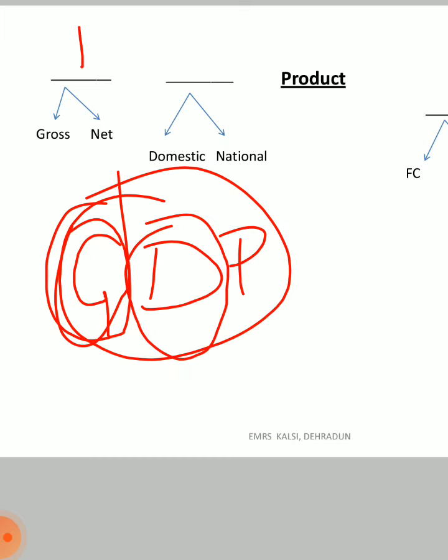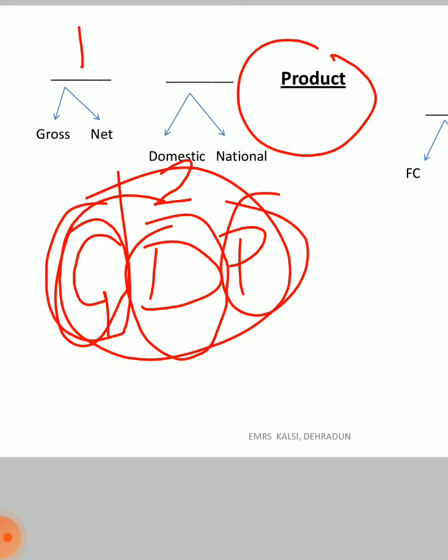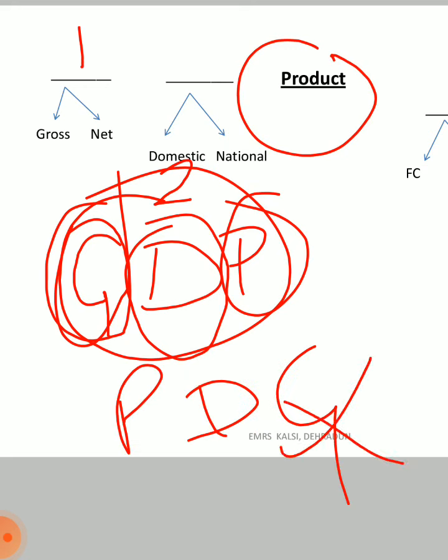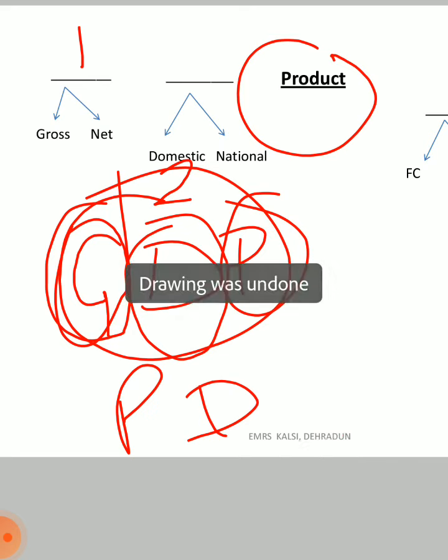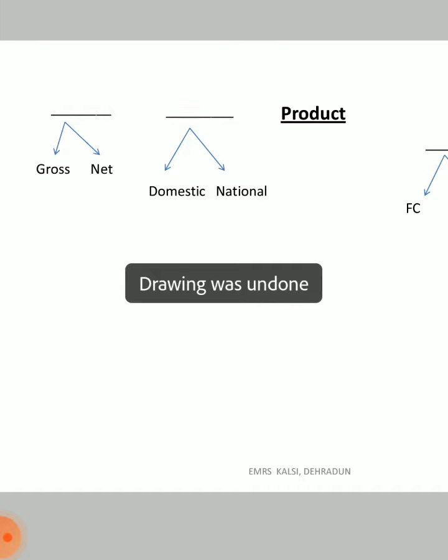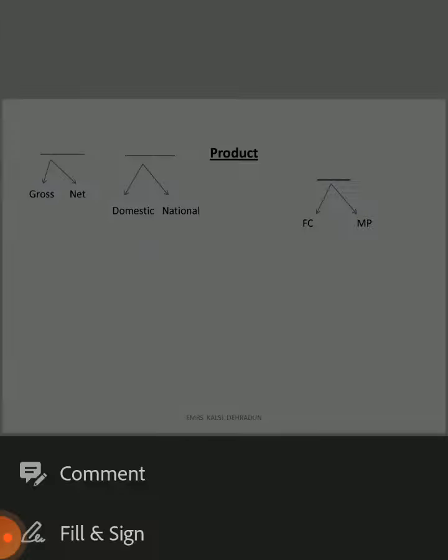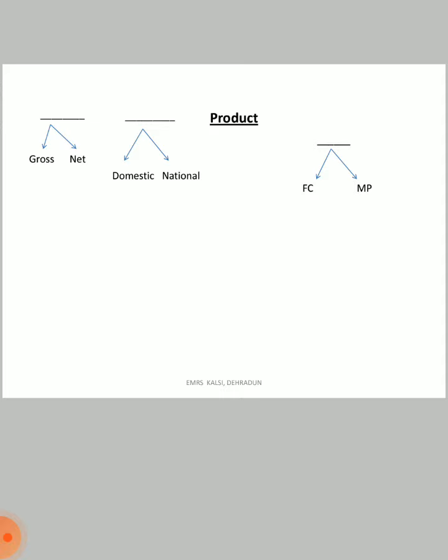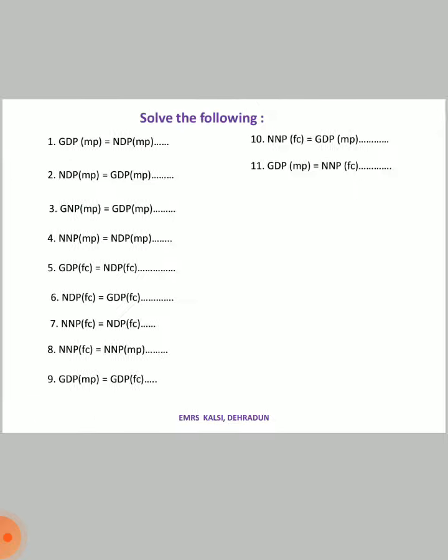D for domestic will always be in the second place, and P for product is always in the third place. We cannot say PDG, this will be wrong. The alphabet which is in the first place will be written in the first place only; you cannot change the place.